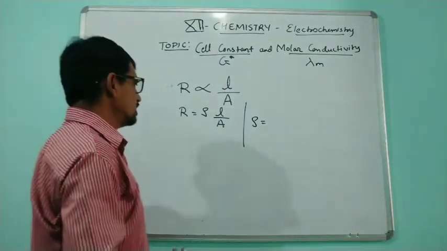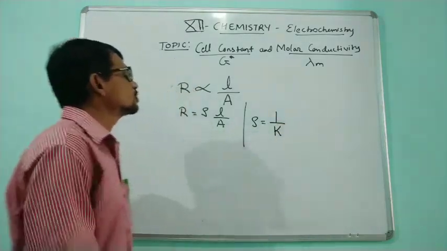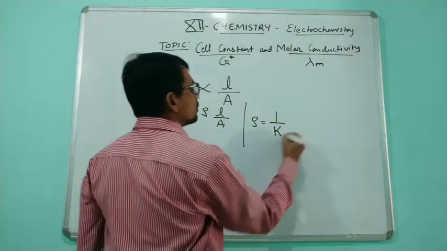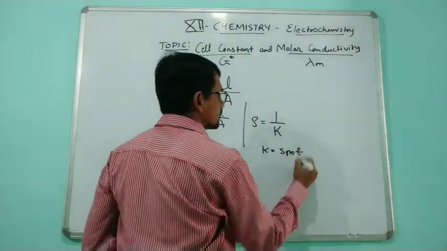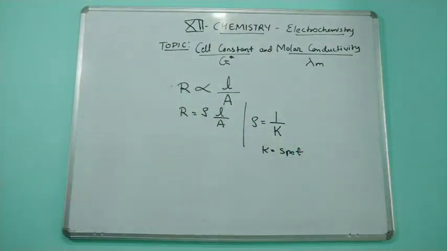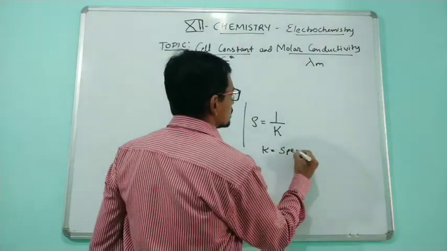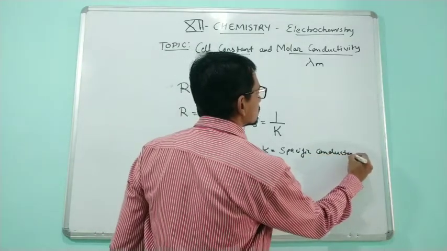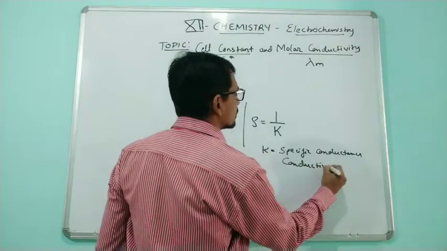Conductance we measure in K or kappa. So rho is equal to 1 by K, where K is the specific conductivity. Specific conductance is, in short, known as conductivity.